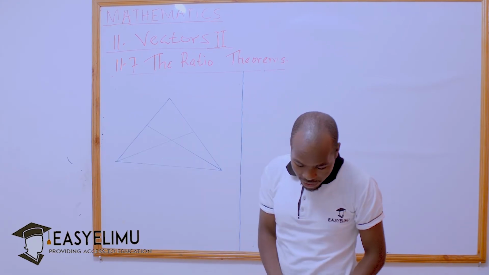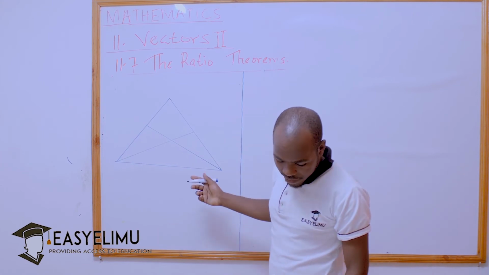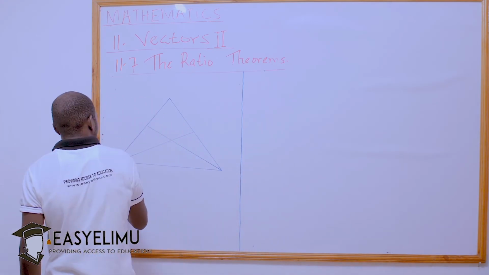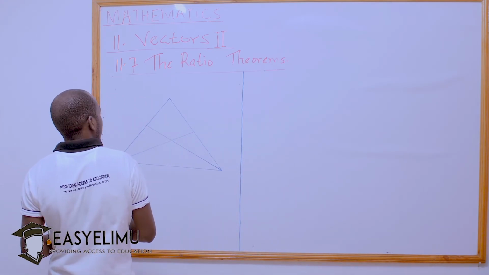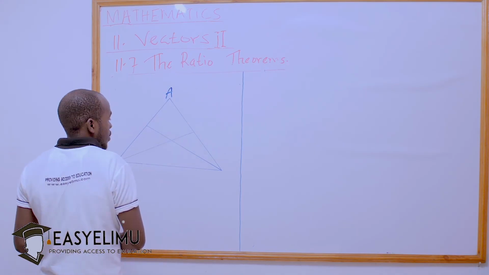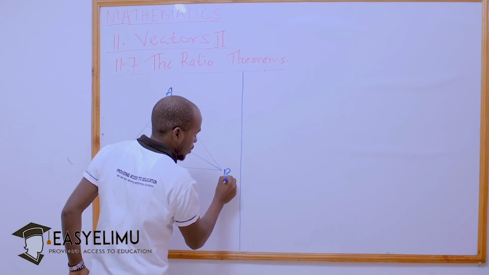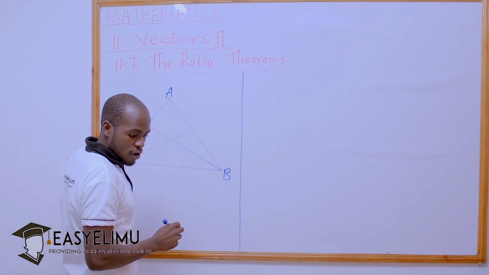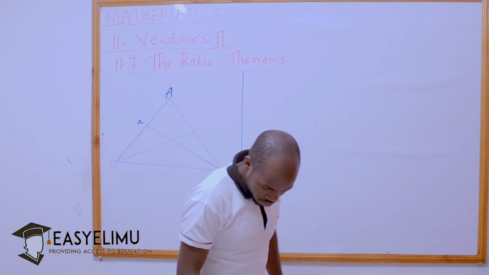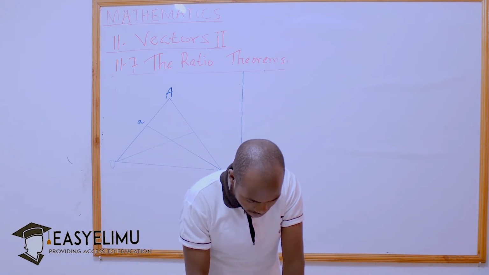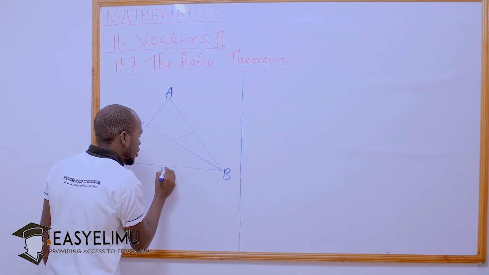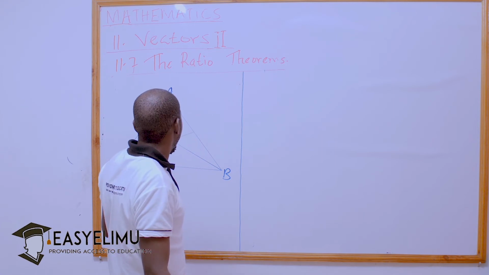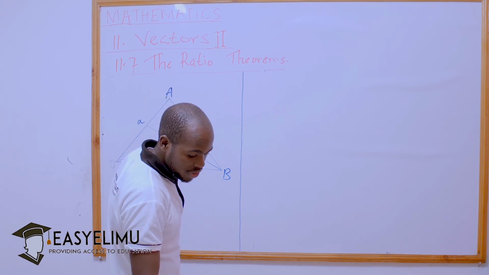I have a triangle here, and in the figure below we can see it. We have OA, O, then A, and this one is B. So OA is A and OB is B. And a point P divides OA in the ratio 3:1.